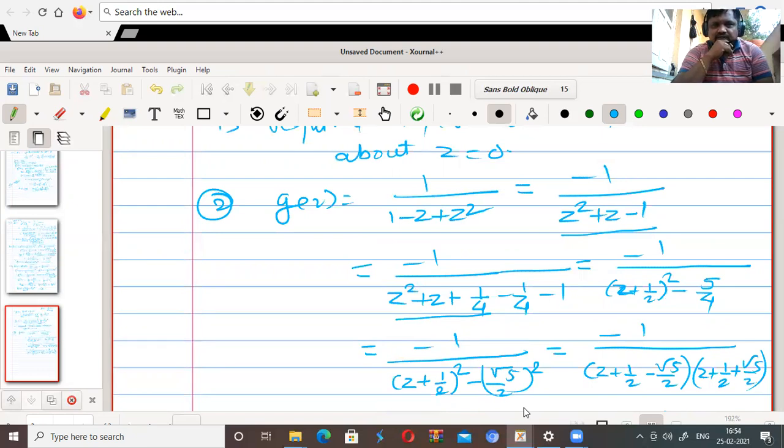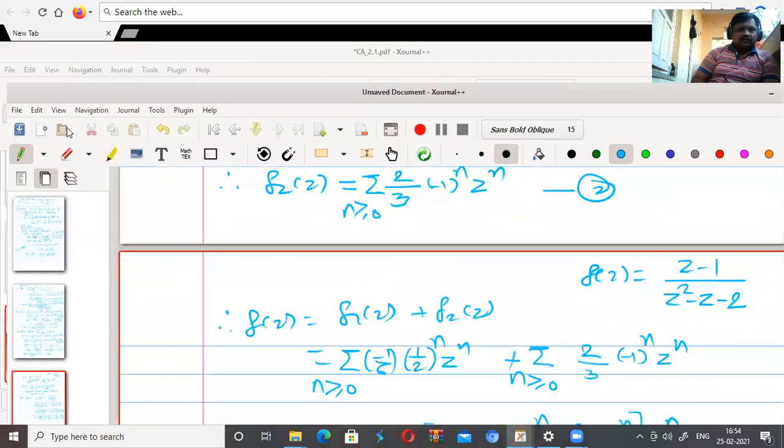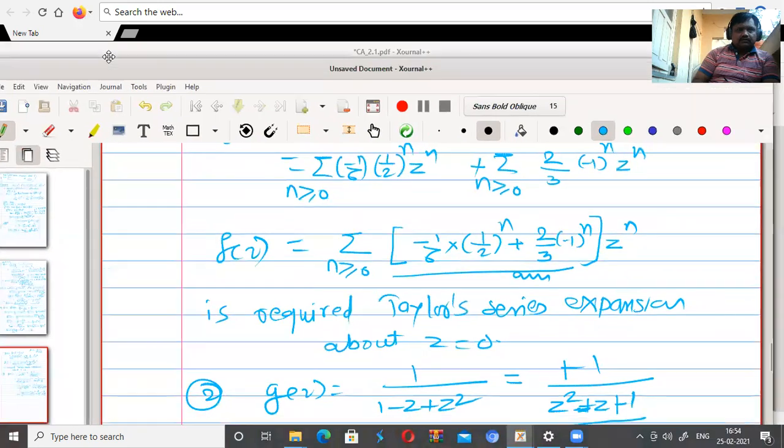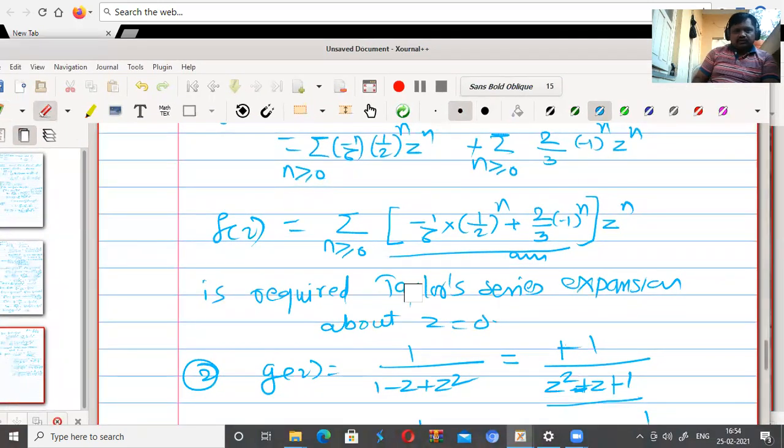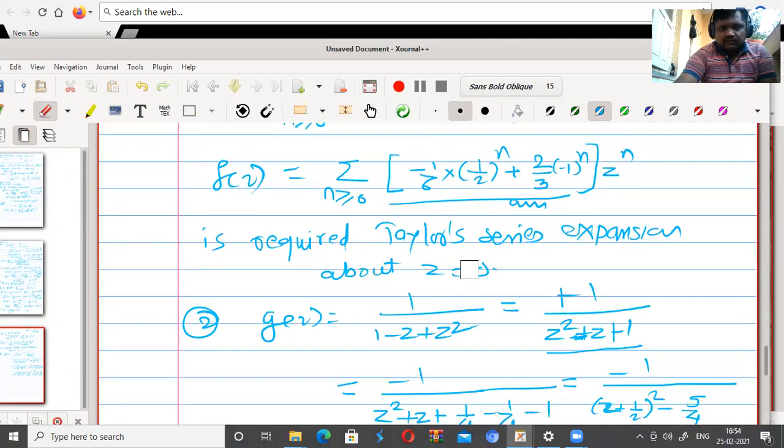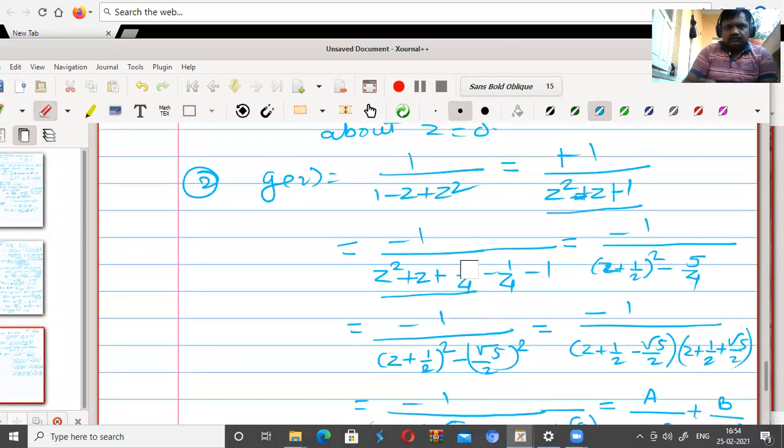No need to take minus 1 common here. So it is only z square minus z plus 1. Sorry. We will remove this one.